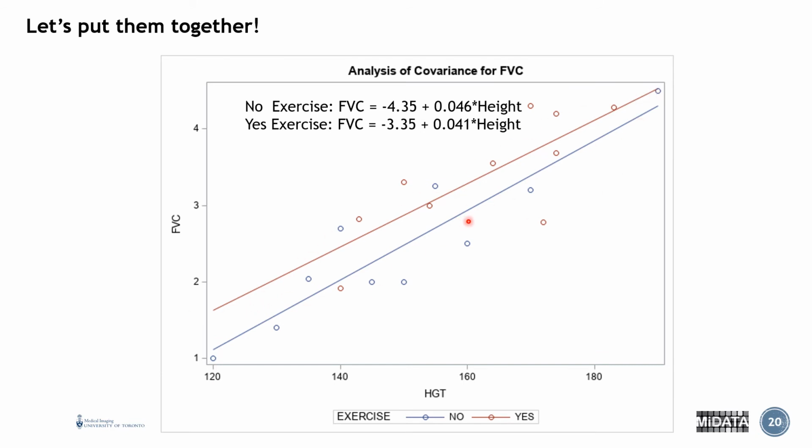Now you'll see that the slopes are not identical, but they're quite similar, but that the red line is above the blue line. So for those that do exercise, on average, the mean FEC is going to be higher than for those that do not exercise.